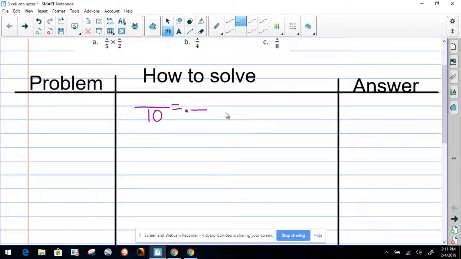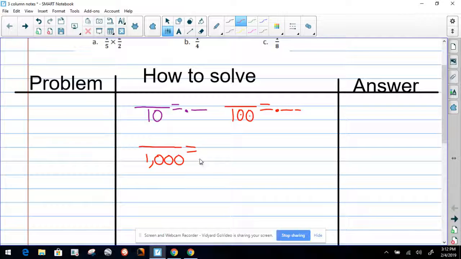Then we can write it also in 100, and it has two zeros, so that will be two decimal places. And the third one will be writing the answer in thousands.